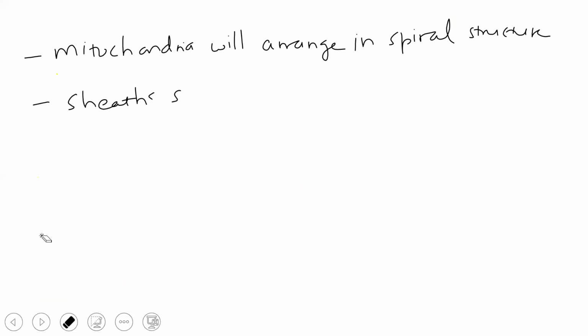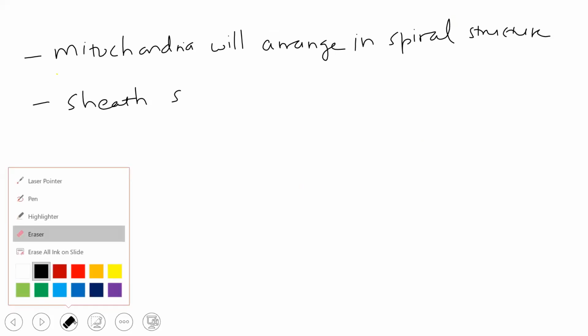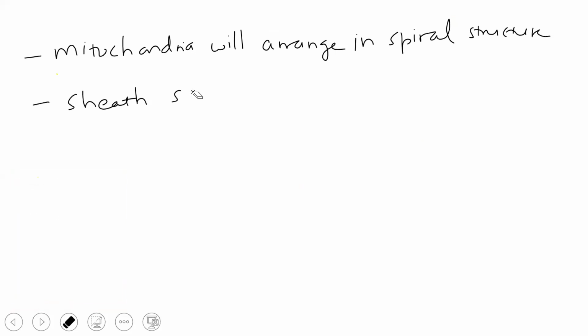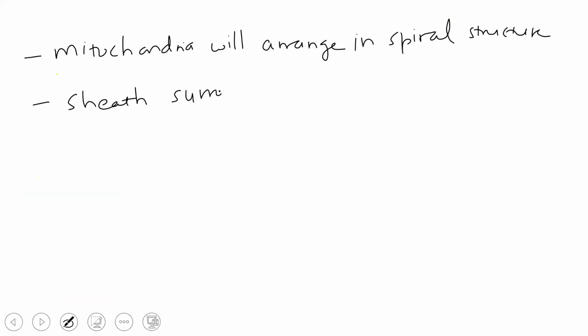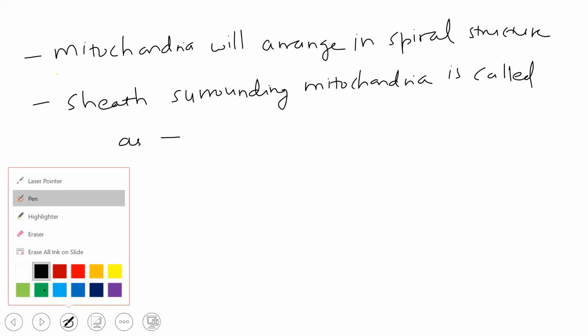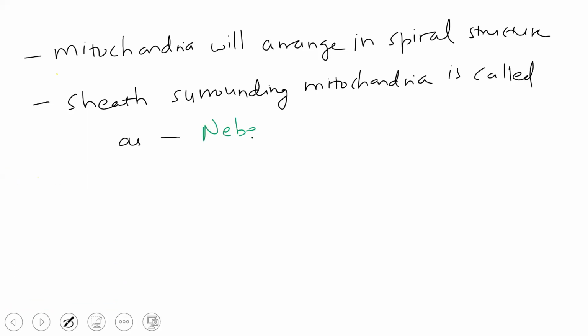This question was asked in NEET 2017, not given in the textbook: the sheath surrounding the mitochondria is termed as Nebenkern. That is the NEET question. The sheath will arrange in spiral form. It is also asked.